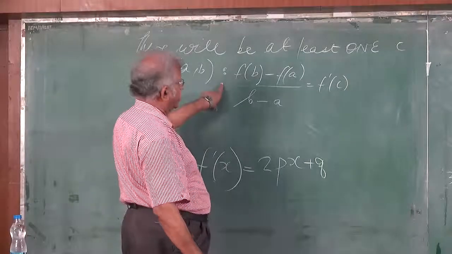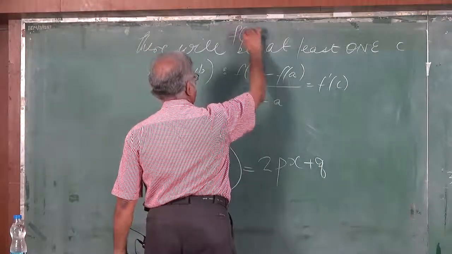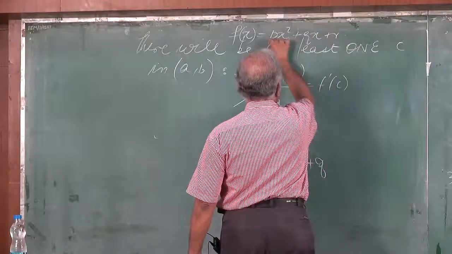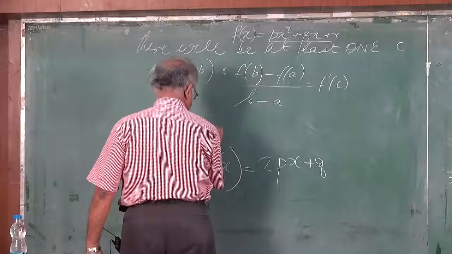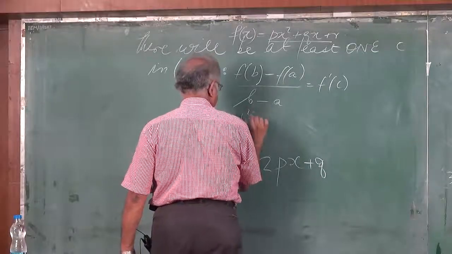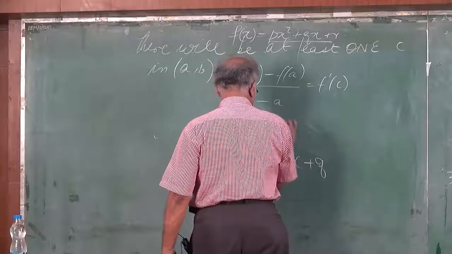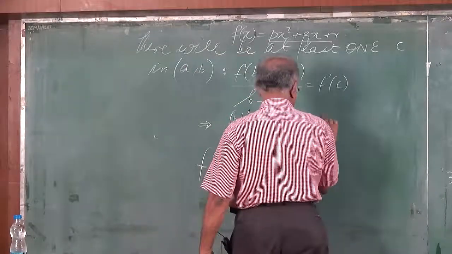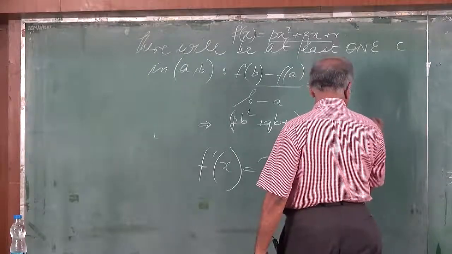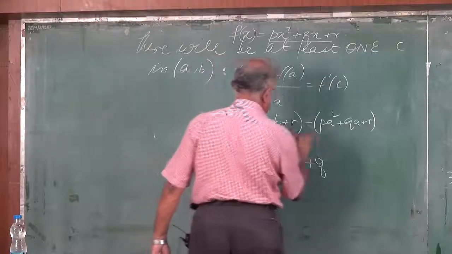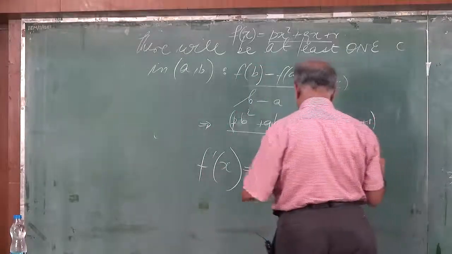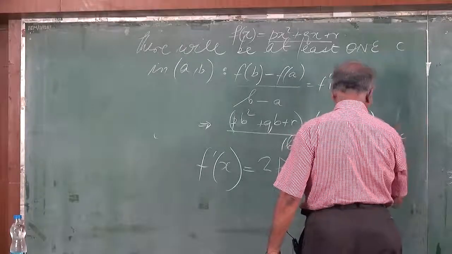Now here f(b) is, if f(x) is px square plus qx plus r, then this implies that we must have pb square plus qb plus r, this is f(b), minus f(a), pa square plus qa plus r, divided by b minus a must be equal to 2pc plus q.